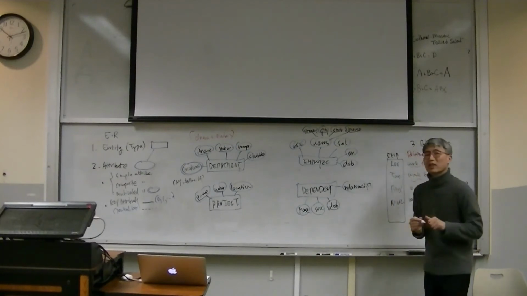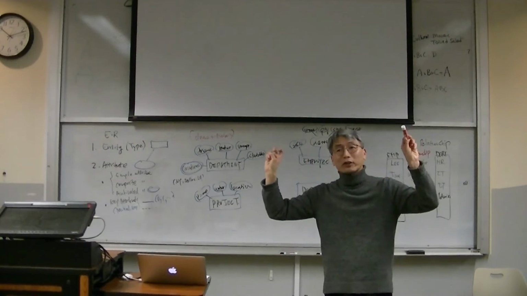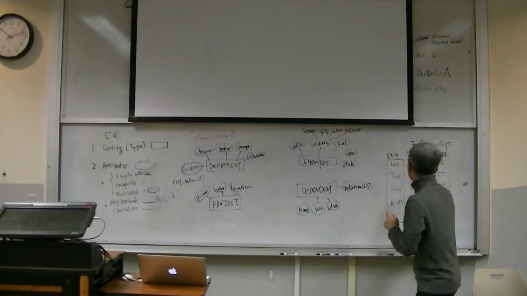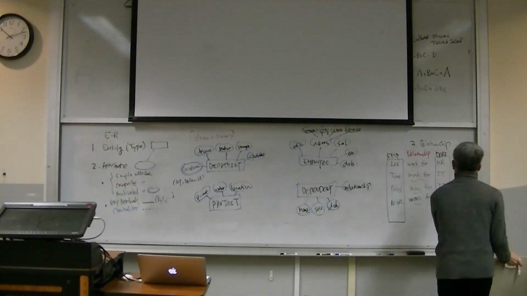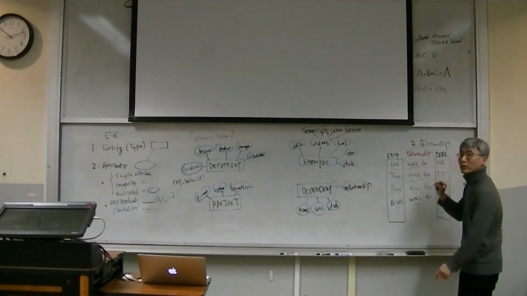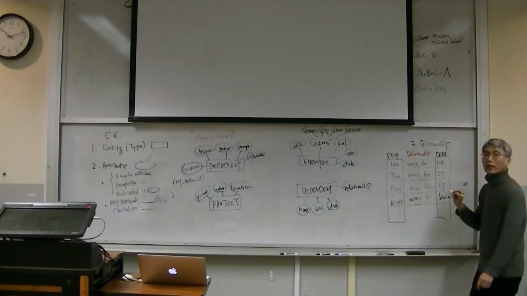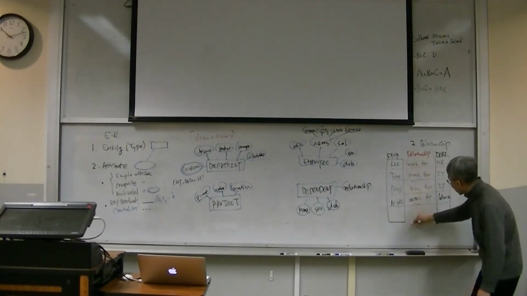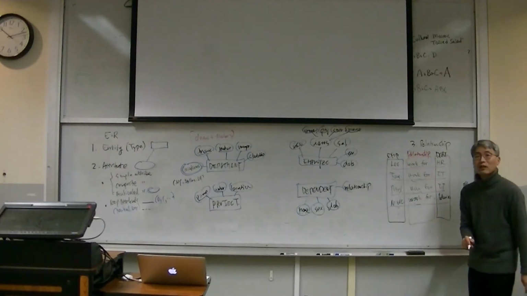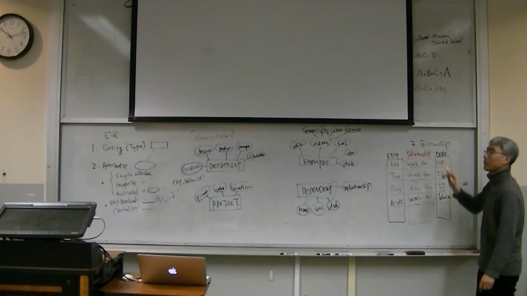A relationship is related to two entity types: one is the employee here, another one is the department. So this is one relationship, another relationship, another relationship. Then if we group them, this is the same relationship between employee and department.